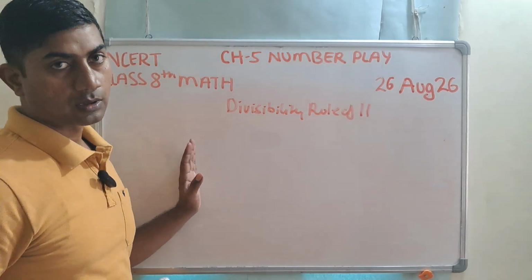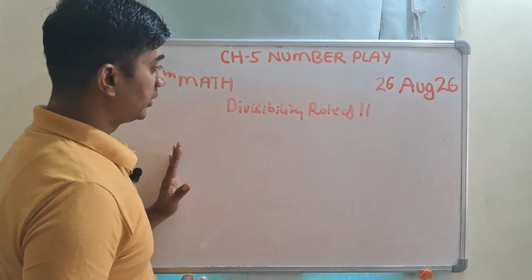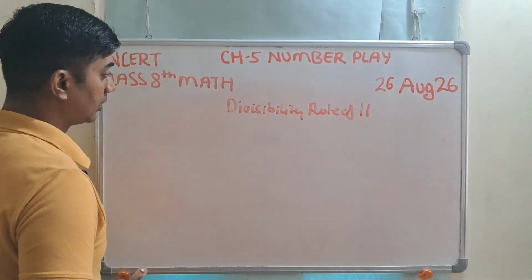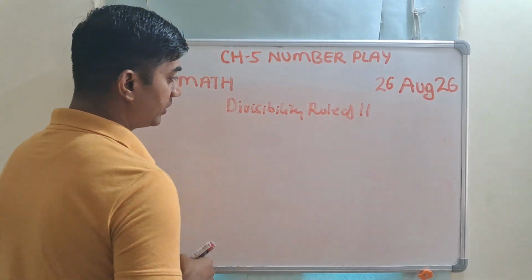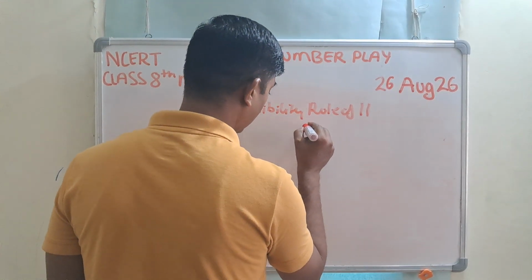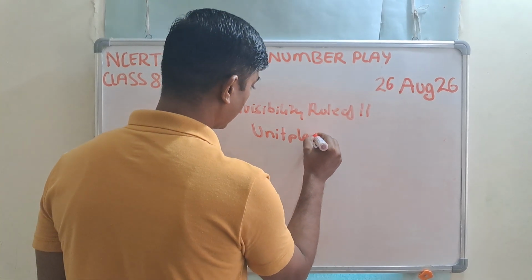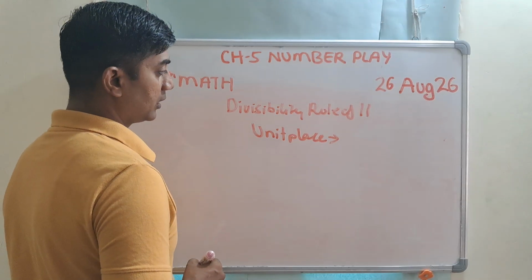You have to just pay attention to understand how it is developed. Understood? Now first we will do the same case, we will check with the unit place. Unit place. What unit place?